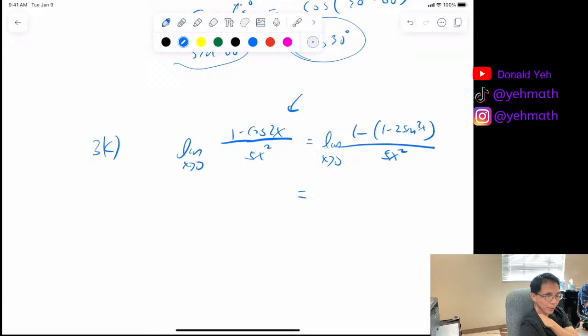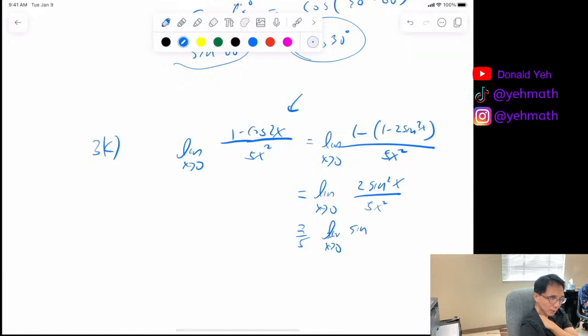You should be paying attention, not talking to Corbin. 1 minus 1 is 0. So that's going to be 2 sine squared of x on top, and on the bottom is 5x squared. Then take out 2 over 5. Then you have sine squared of x over x squared, which is 1. So 2 over 5 is done.